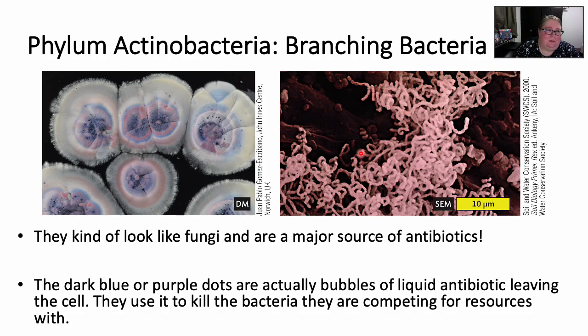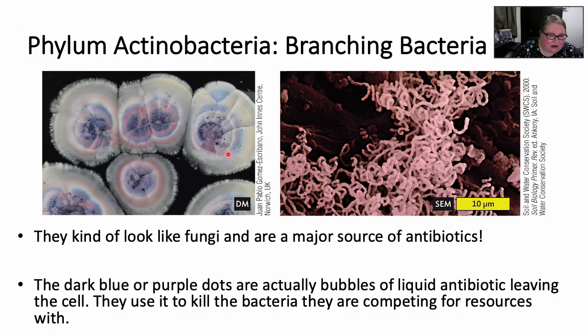Even though they're bacteria, sometimes they look like fungi. But these guys are actually our major source of antibiotics. In fact, there's lab groups that go out and literally test soils and put them into DNA sequencers, trying to find more Actinobacteria that produce antibiotics.